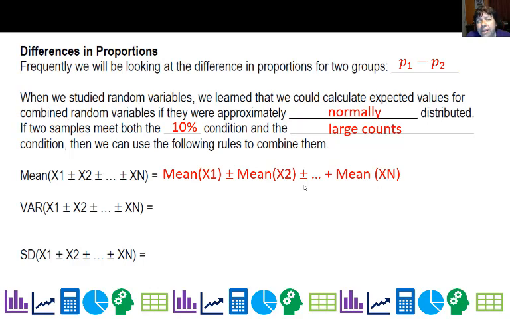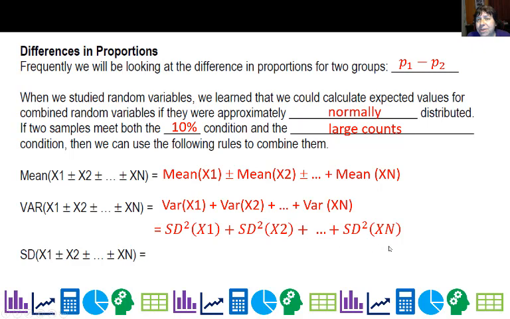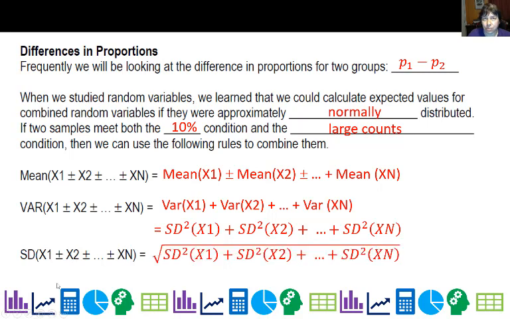Variance, on the other hand, never subtracts. It only adds. So if I have multiple variables I'm combining, even if I'm taking the difference, I'm going to be adding those variances. And remember that variances are just standard deviation squared. And if I want to get back to the combined standard deviation, I have to take the square root.